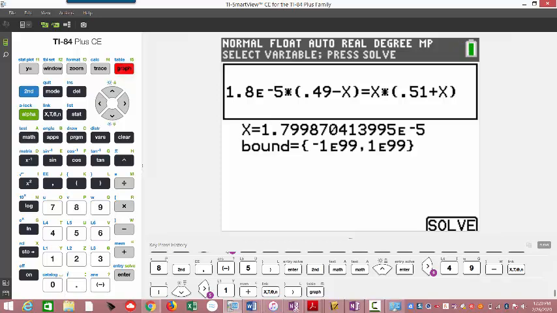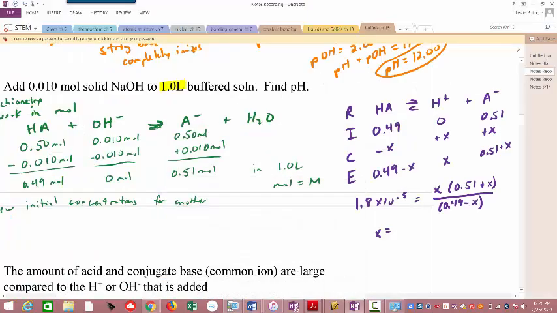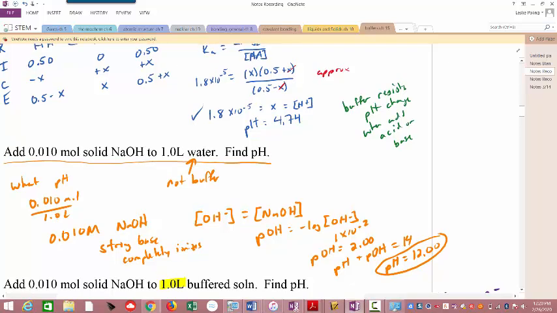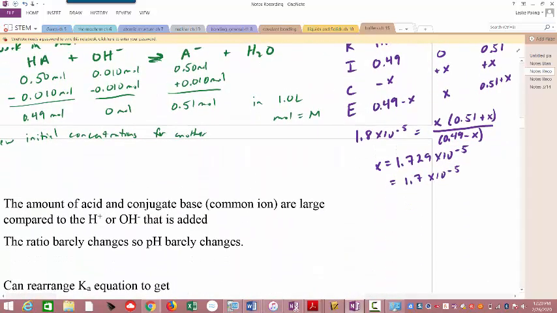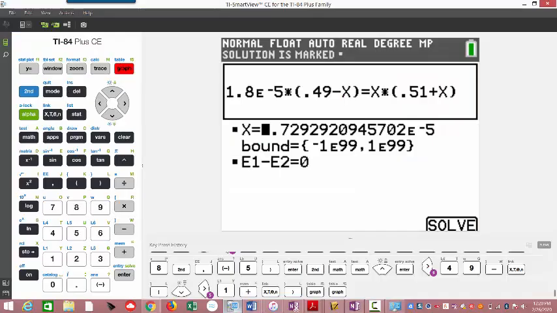It's got my answer from last time. Do it again. And I get 1.729 times 10 to the minus 5, rounding to significant digits, 1.7. Look what we had before, 1.8. So our H plus concentration didn't change much.